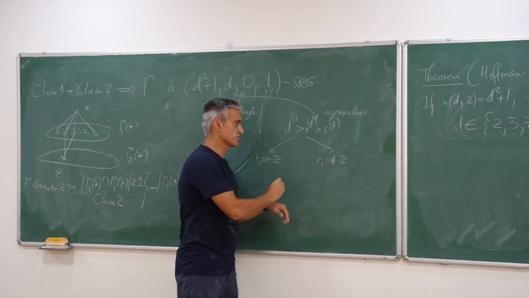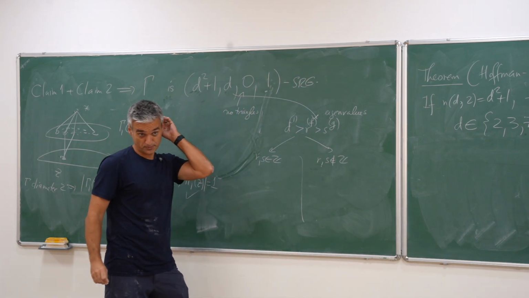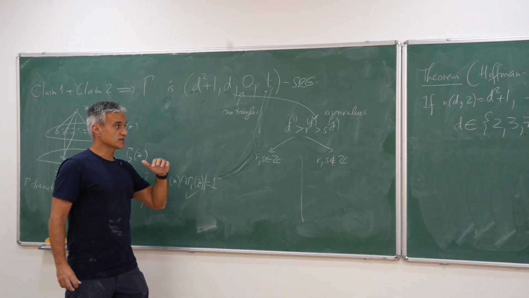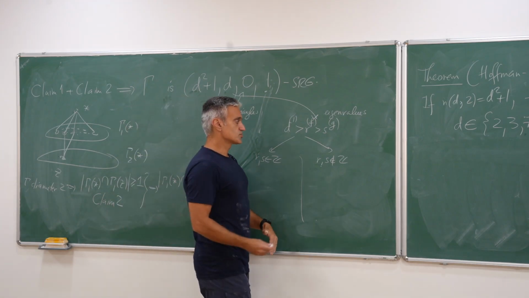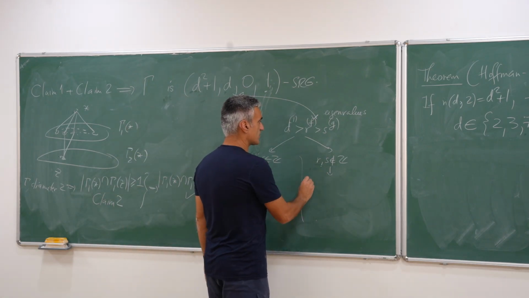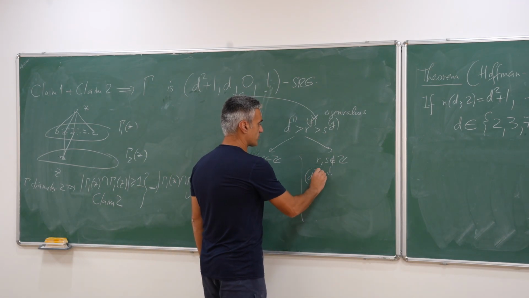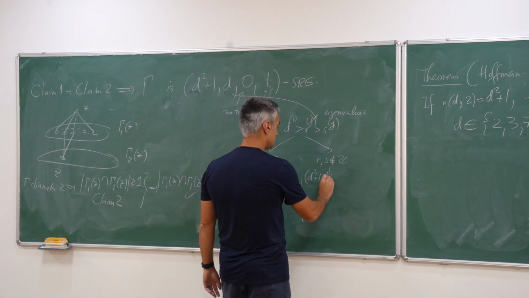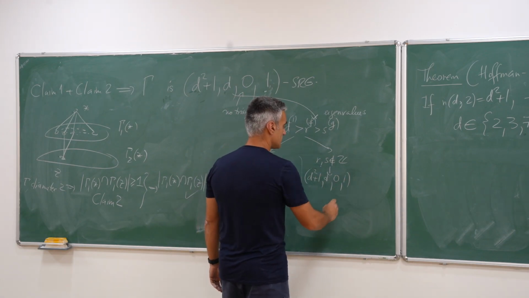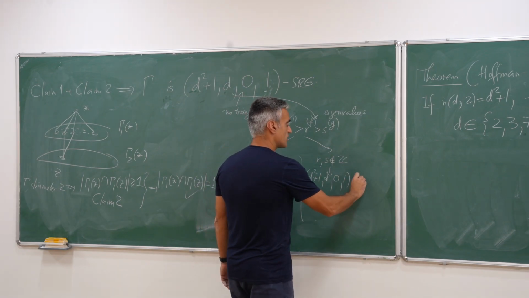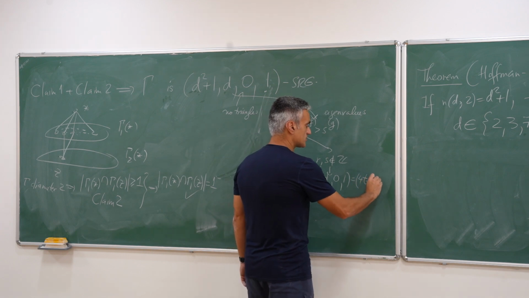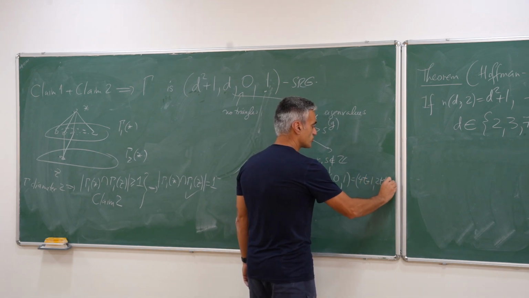Let's deal with this one first because it is the easiest. If R and S are not integers, from what I told you earlier, it implies that these parameters, D squared plus 1, D, 0, 1, have to look like 4t plus 1, 2t, t minus 1, and t.